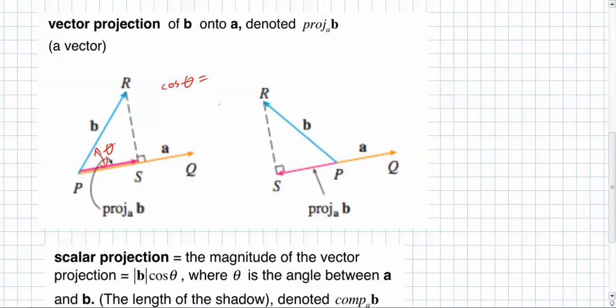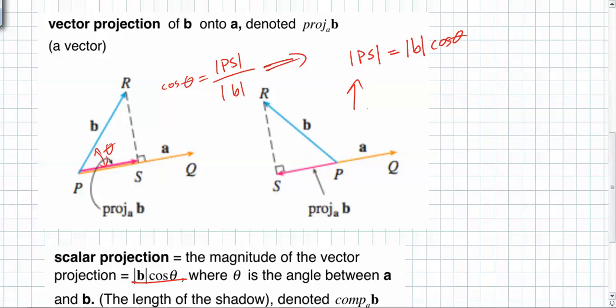So what's the adjacent here? The magnitude of PS over the magnitude of B. So what does that tell us? It tells us the magnitude of PS is equal to the magnitude of B times cosine theta, which is exactly what's written right there. And in this case PS is the magnitude of proj sub A of B. It's the same thing.